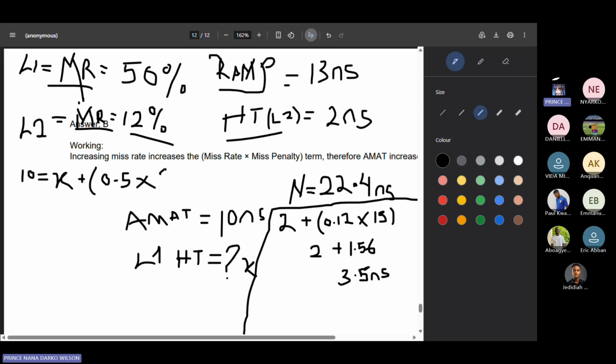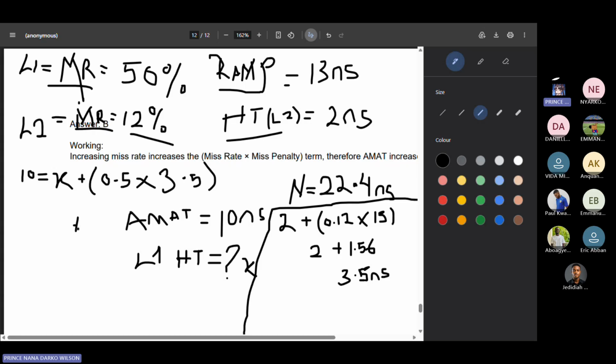So 0.5 times 3.5, what does it give us? 5 times 35 is 175. Jump the point back 2 places, and that gives us 1.75. Am I correct? Yes, you are right. So we have plus 1.75.